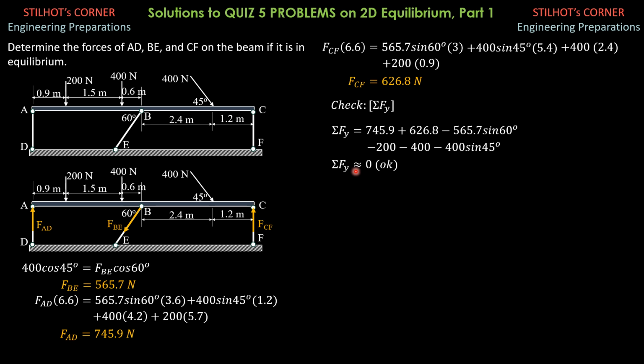So it is almost 0. So okay, that's it for this problem. It's very, very simple, and as I said, the easiest problem in 2D equilibrium.